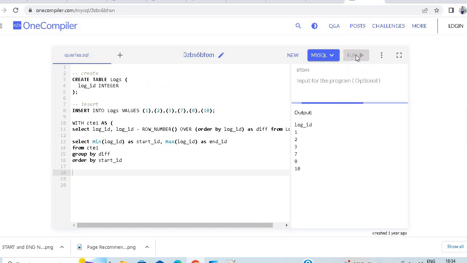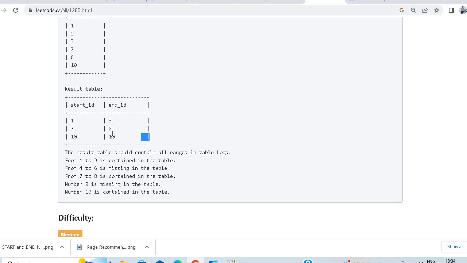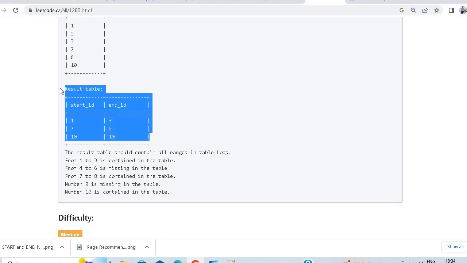Okay, let's start. Now let me take the output from that table so that we can compare.